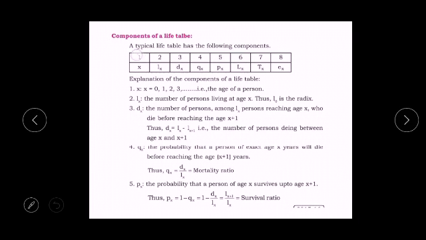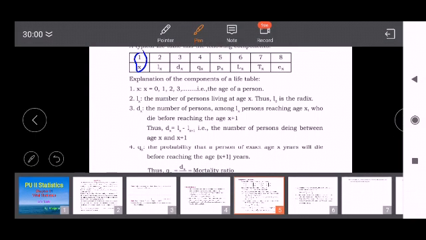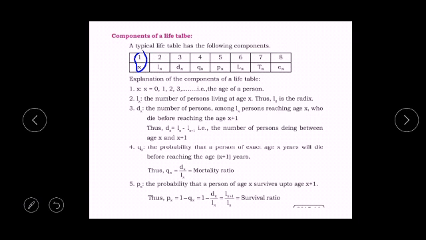First column, number 1, is X. X indicates the age of the person. It starts from 0. A newly born baby would be put in X 0. Then when it crosses the first year, then number 1, number 2, number 3, like that it goes on increasing, and this table continues until the last baby in that table dies.